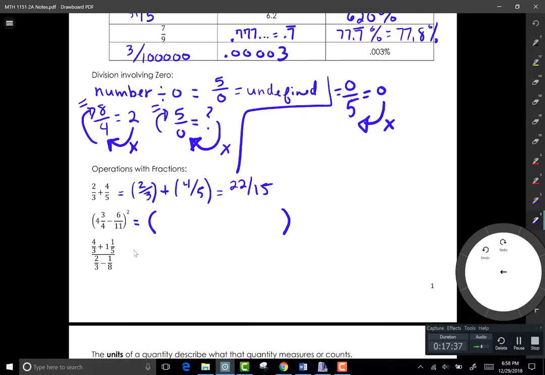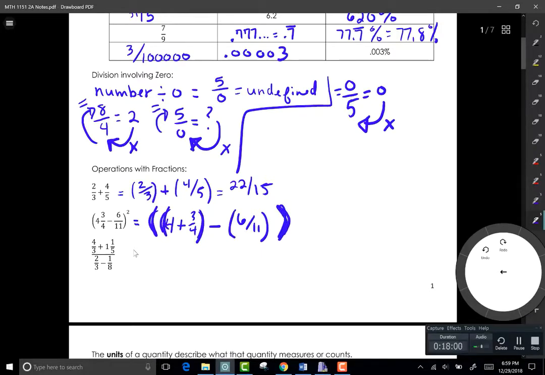Remember, a mixed number means the whole number plus the fraction part. So in parentheses, I'm going to put 4 plus 3/4. And then I'm going to subtract 6 divided by 11 in parentheses. And then these are the parentheses that were already in the problem. These were the parentheses that we added in. And then I'm going to square it.